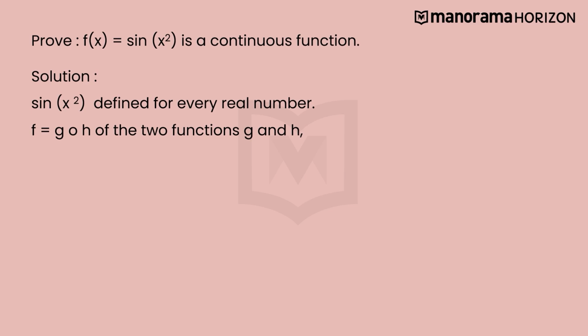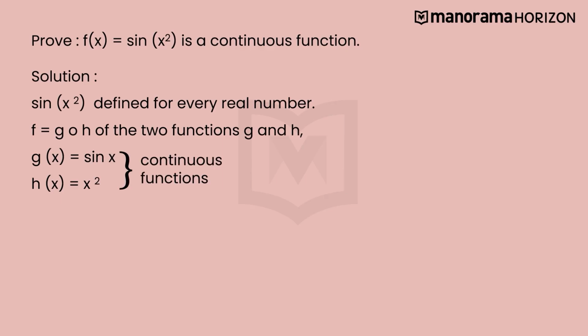What is g? Your g of x will be sin x and h of x will be x square. As both g of x and h of x are continuous functions, by theorem 2 we can deduce that f of x is a continuous function.